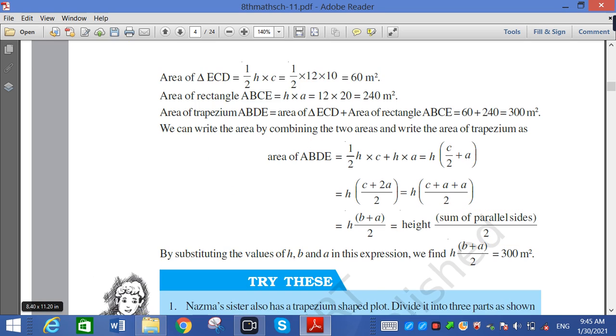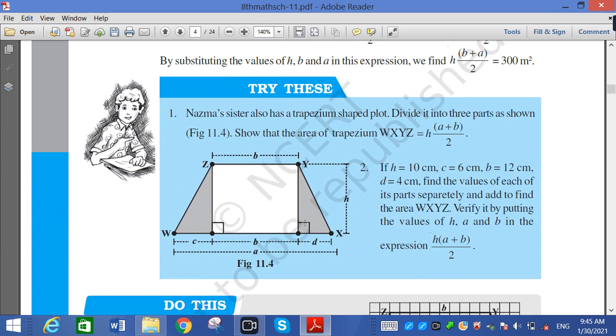Now we go about it in a different way. Again here it is a trapezium, and we can get the answer H into A plus B by 2. We have to derive this. Here again area of triangle 1 and area of triangle 2 are the same. So the important formula is half into H into A plus B, that is our target.